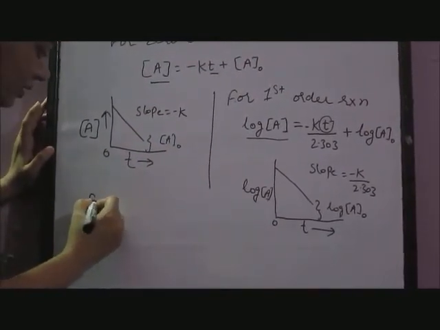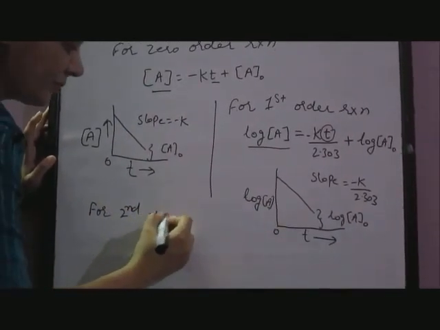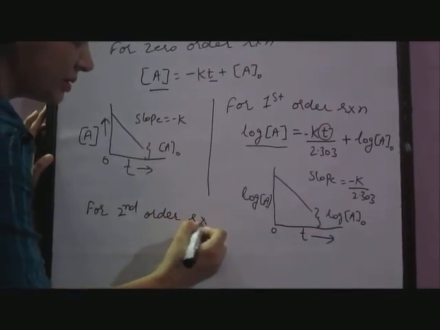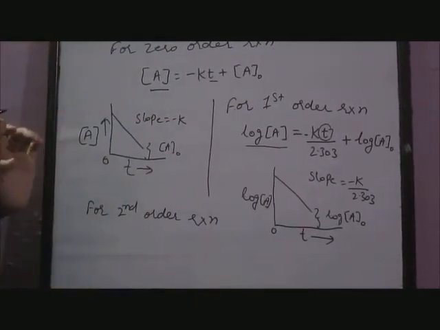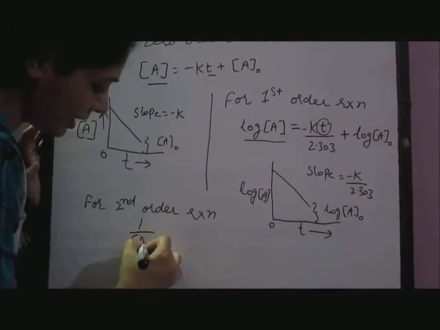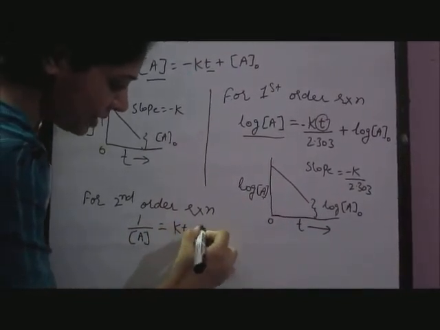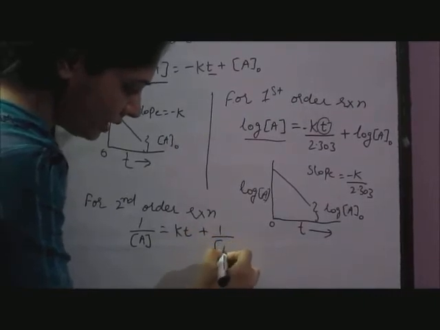And for a second order reaction, 1 by A is equal to Kt plus 1 by A naught.